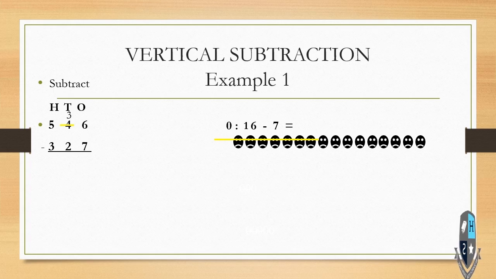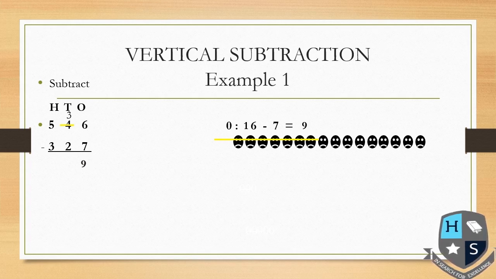Good. After taking away 7 balls, we count how many balls remain. 1, 2, 3, 4, 5, 6, 7, 8, 9. So 16 take away 7 is equal to 9.